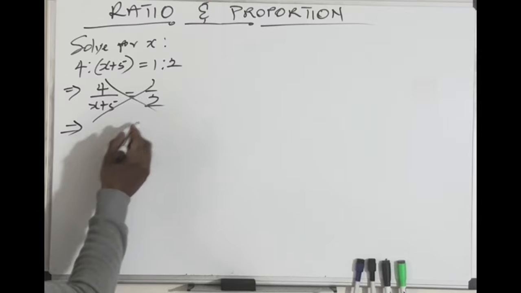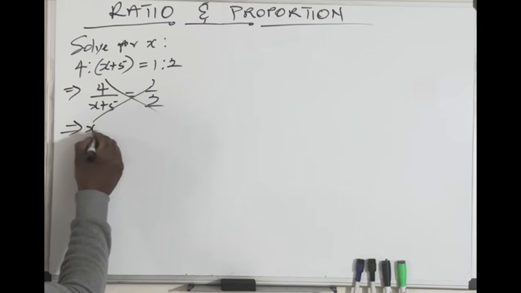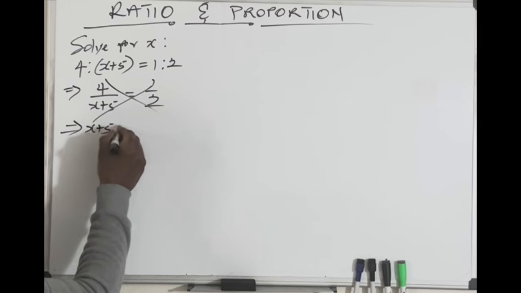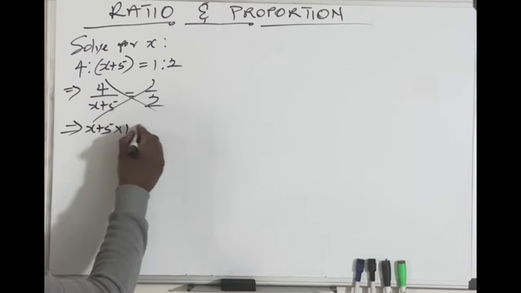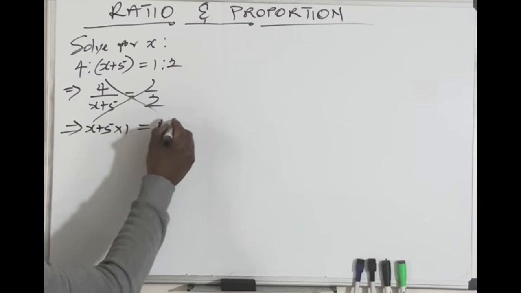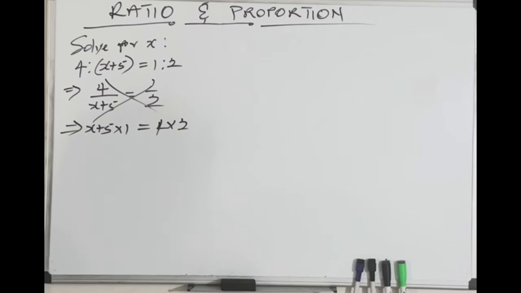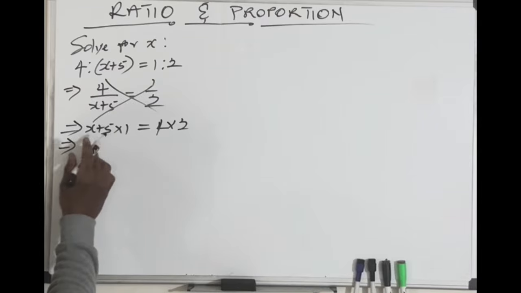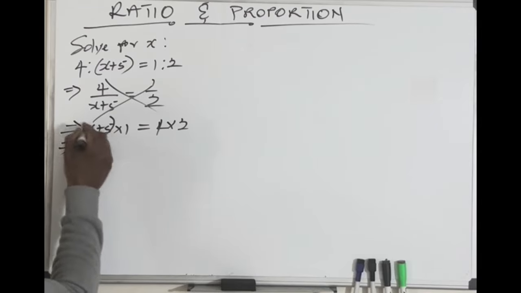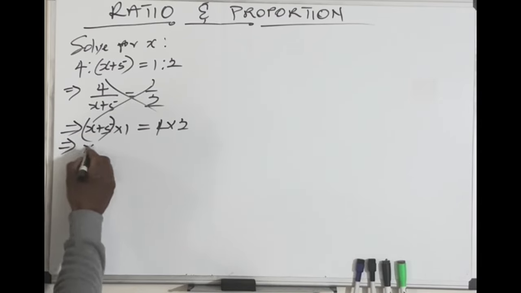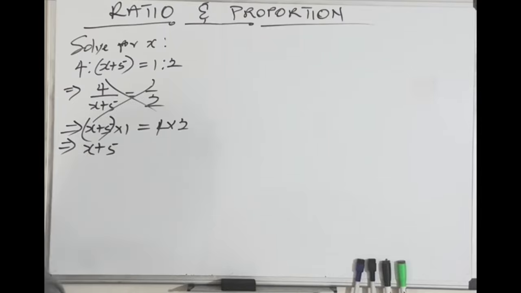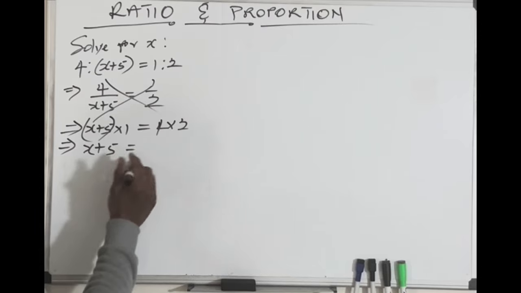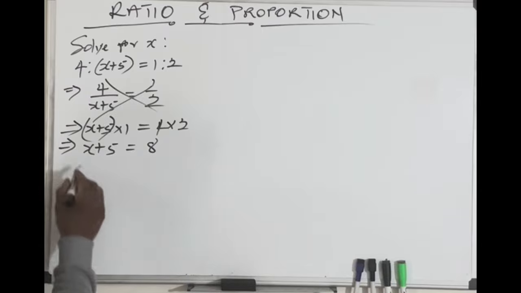So x plus 5 times 1 will give us x plus 5, and 4 times 2 is 8.